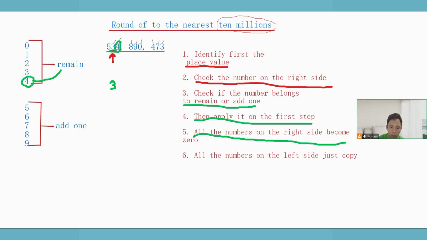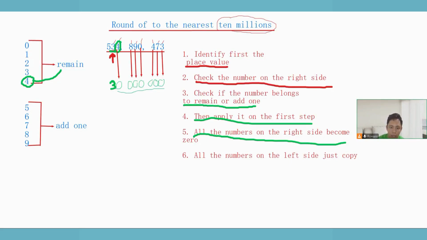It means the 4, 8, 9, 0, 4, 7, and 3 all become 0. So we add seven zeros.